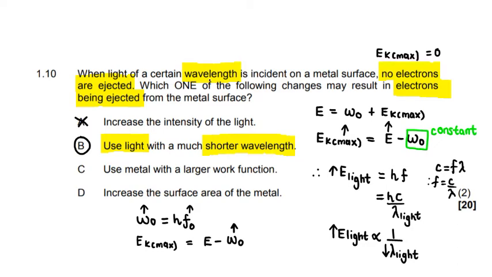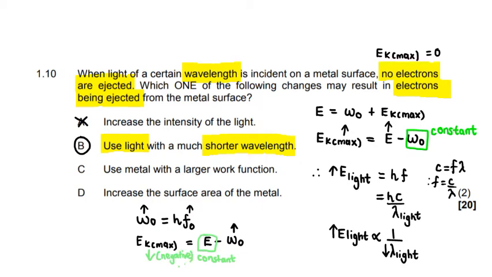Remember, you were already using a light source that is not energetic enough, so this energy now becomes the constant. Because you've increased the work function, you are taking away from a value that was already small, which means the kinetic energy is going to decrease even more. So in other words, it's going to go negative.